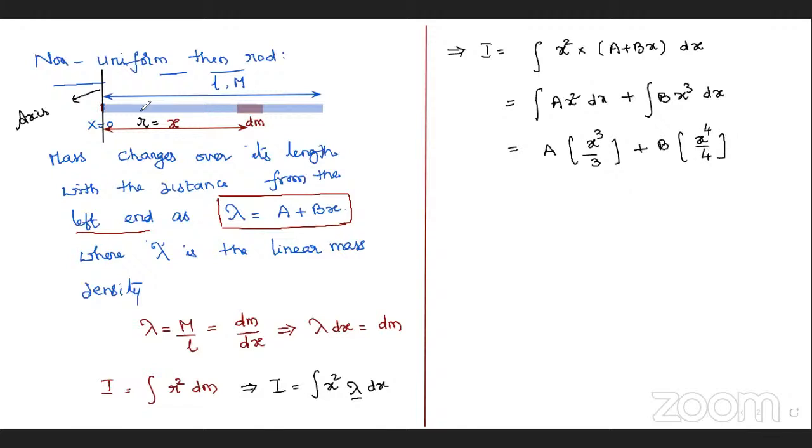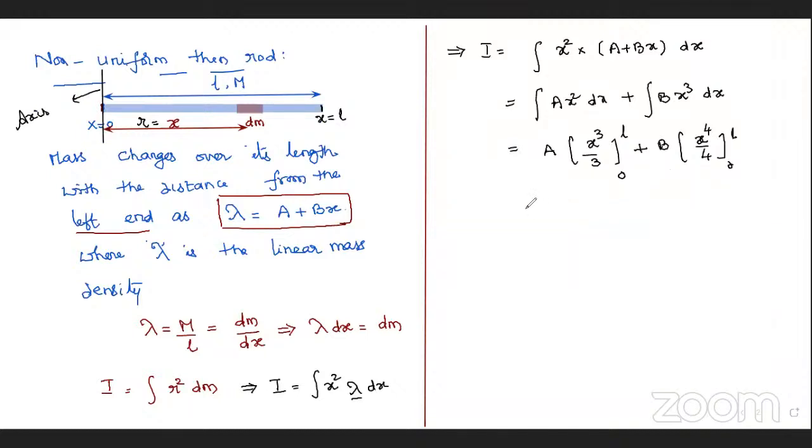Since the axis is taken here, the x limits change from where to where? From x equals 0 to the other end, we have to integrate the full rod, x equals 0 to L. So the limits I'm going to substitute are 0 to L, here also 0 to L.